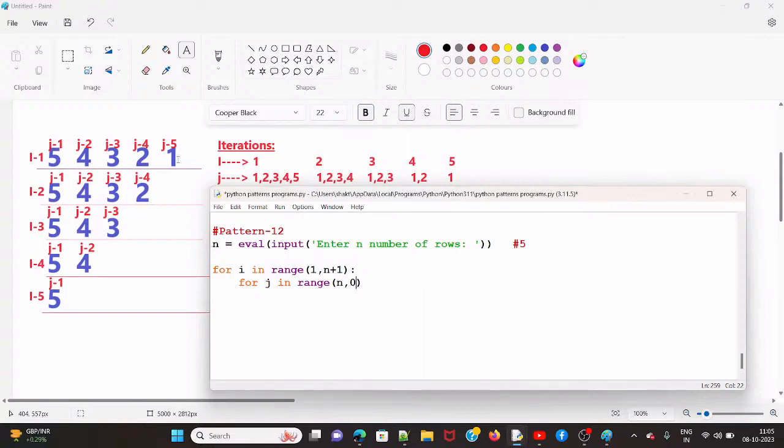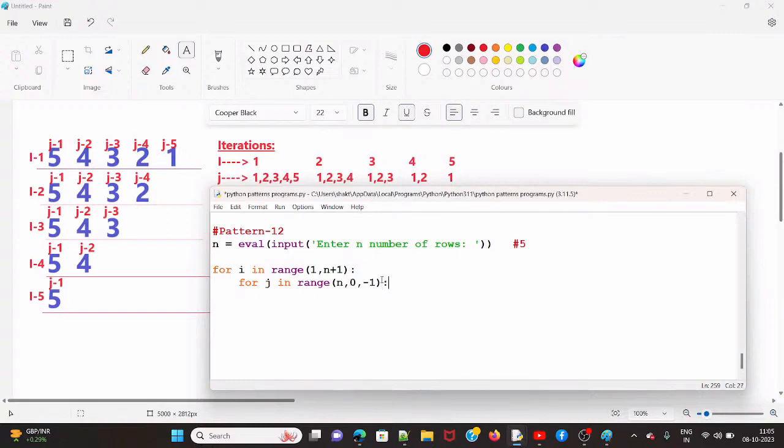Generally we take 0, and decreasing means we take the increment value -1. All of you observe. So starting value 5 every time. End value I am taking 0, before 1, so 1 here.